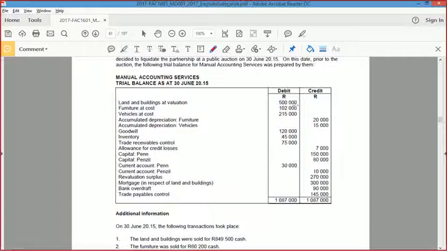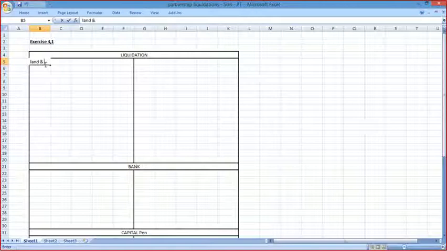Which account are you going to choose to record that in? You've only got 3 accounts: bank, capital, liquidation. Liquidation. Good. You see, everything gets closed off, and you've got 3 accounts to consider: capital, liquidation, bank. That's it. All right, so if we know it's an asset, which side of the account are we going to put it on? On the debit side. Exactly.